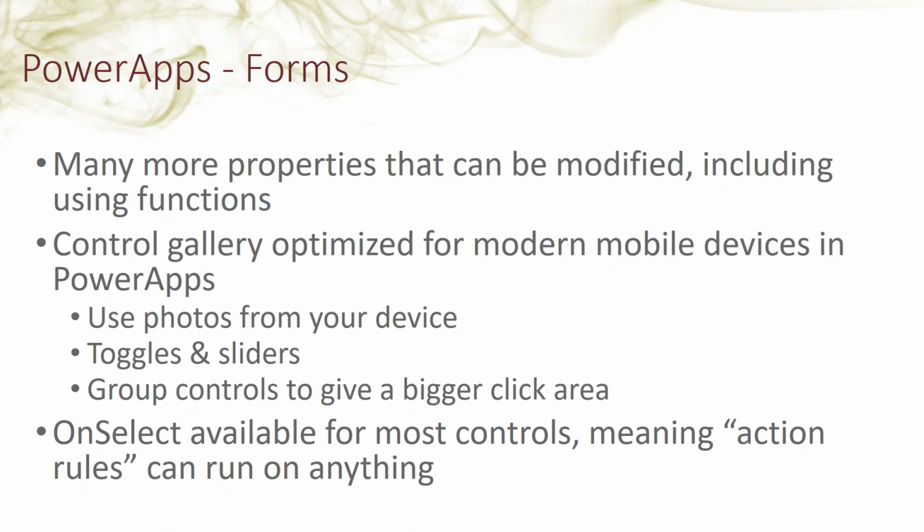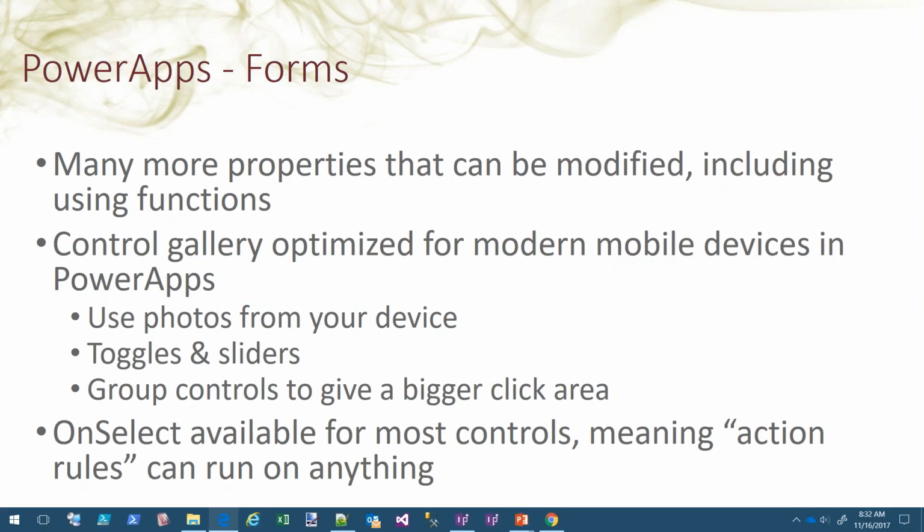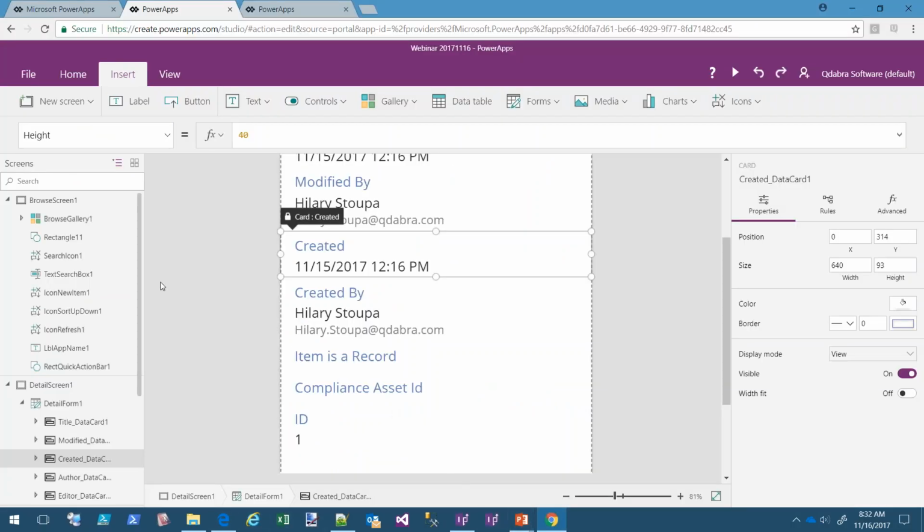At any rate, what I meant to tell you about forms is they've got different modes. There's display forms and edit forms. Let me go back over to the actual forms so you can see them. There's display forms and edit forms, and they aren't interchangeable. So when you decide to add a form, you've got a choice of edit and display. And display is always going to be read-only.